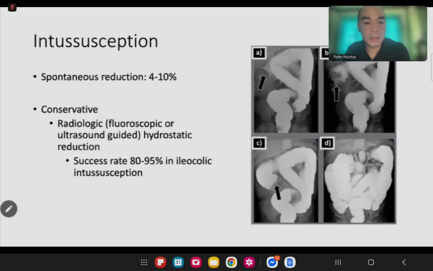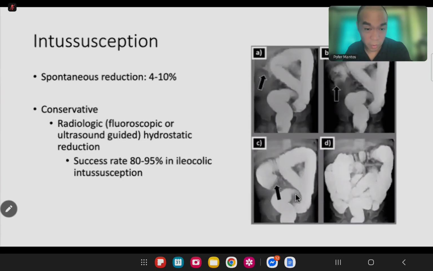So what is that? Here in A, this is the part where there is intussusception, and with hydrostatic reduction, the intussusceptum is pushed back.